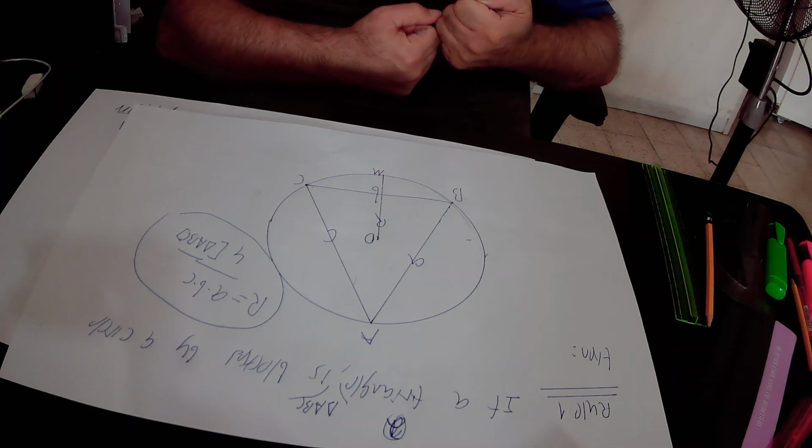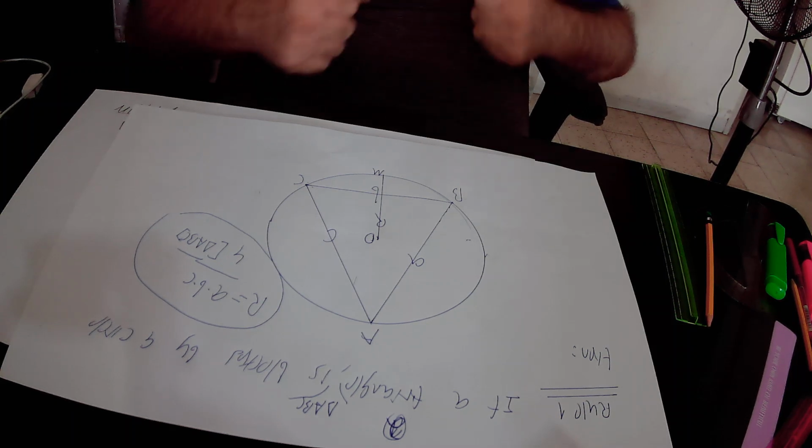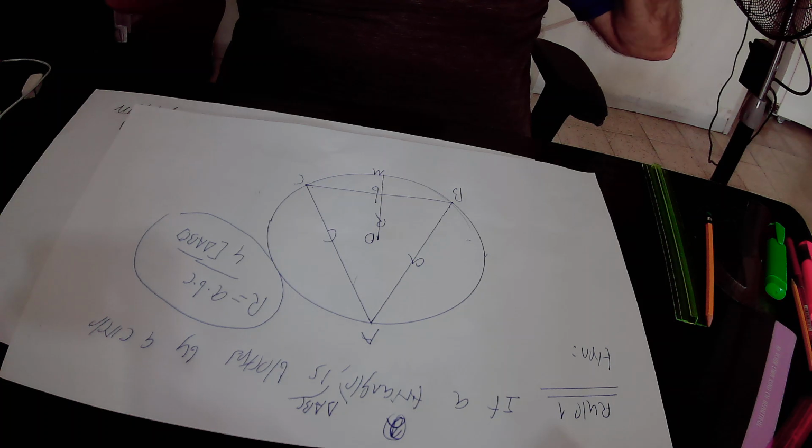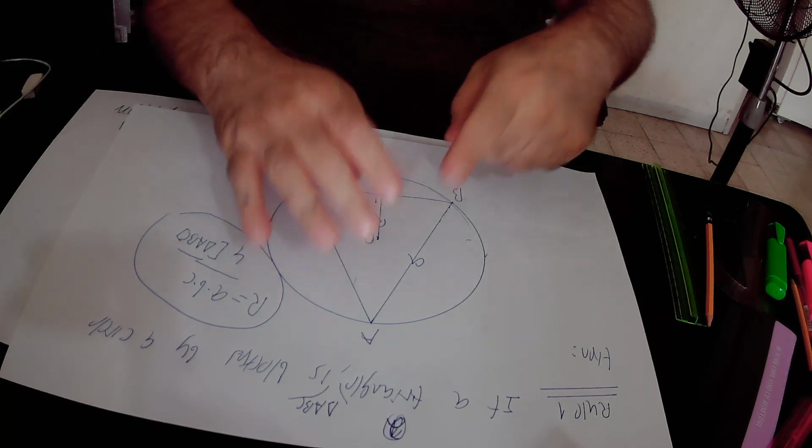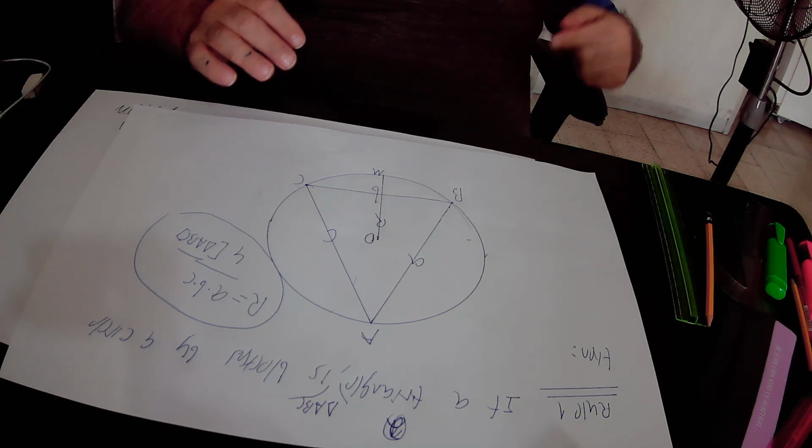A triangle can be blocked by a circle if and only if all the 3 vertices of the triangle touch the circle at different points. Like here.